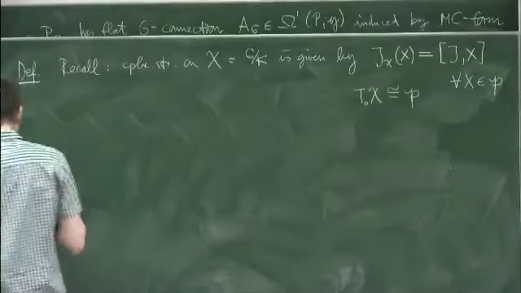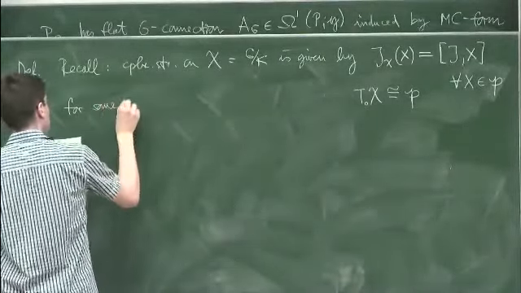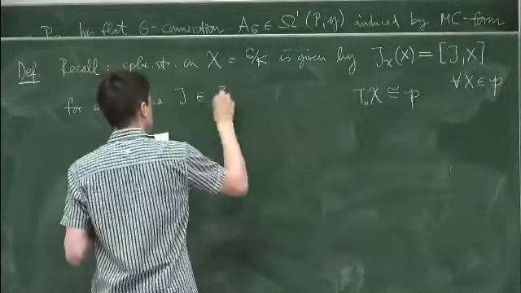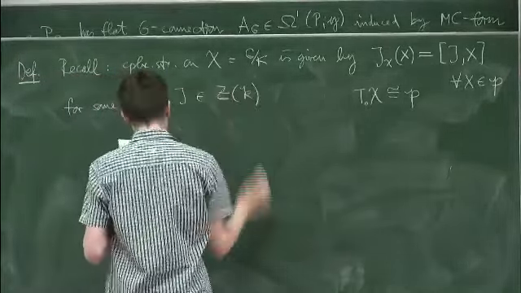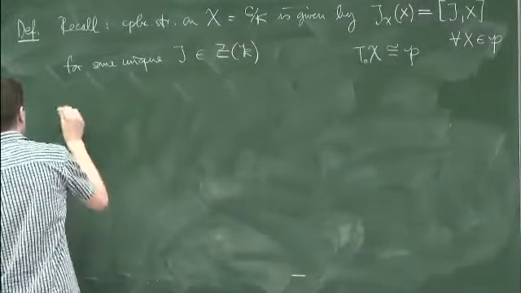And this is for some unique element J in the center of the Lie algebra of K. And I'll give an example in a minute. And so we assume this for now, and then we make the following definition.